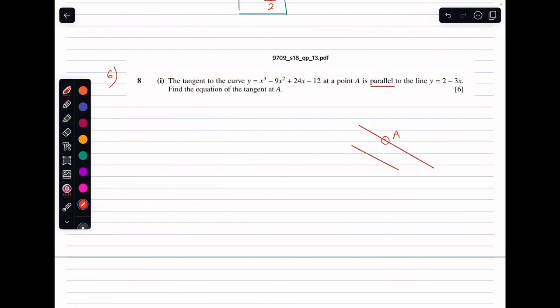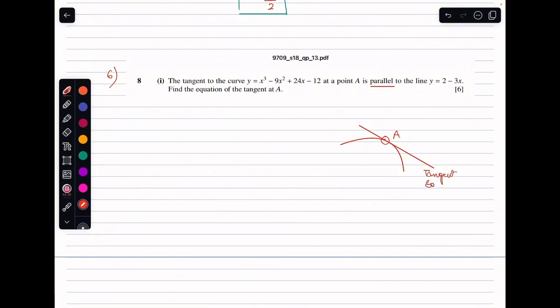Let's say this is the curve at point A, and this is the tangent equation that I need to find out.